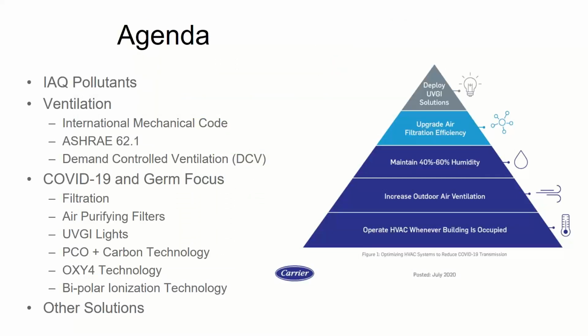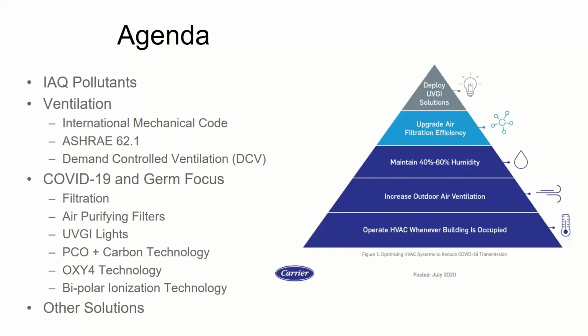All right, so here's our agenda for this morning. We'll talk about indoor air quality pollutants just a little bit so everybody's on the same page about the stuff floating around in the air that we want to get rid of. Then we'll go into the solutions. First, we'll discuss ventilation and what's required from a code perspective. Then we'll talk about how demand control ventilation works to save energy and its place right now with COVID being around.